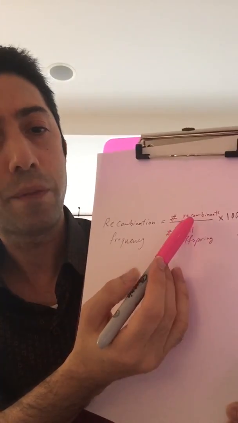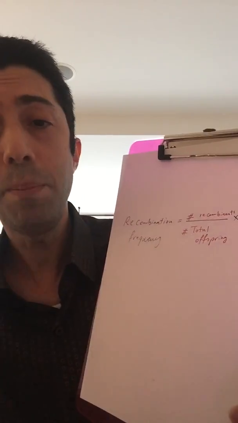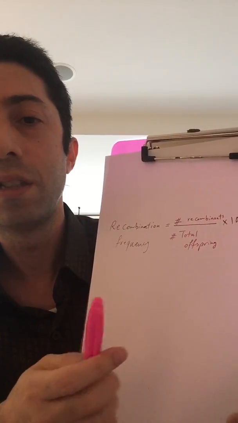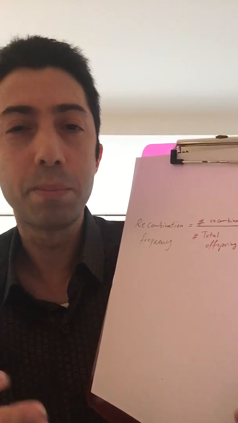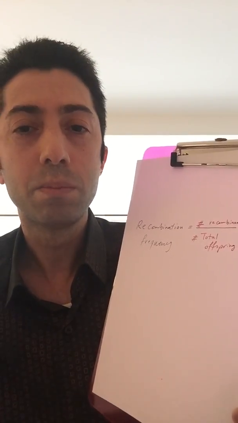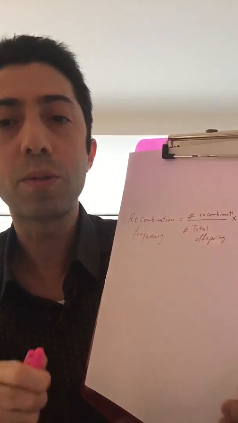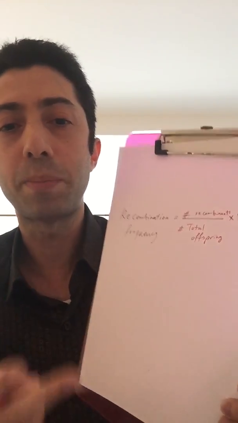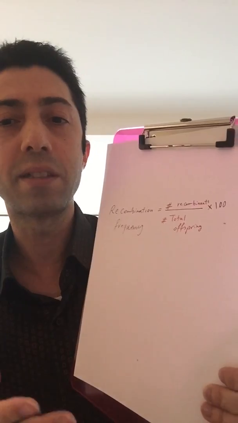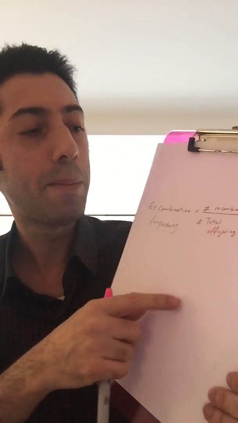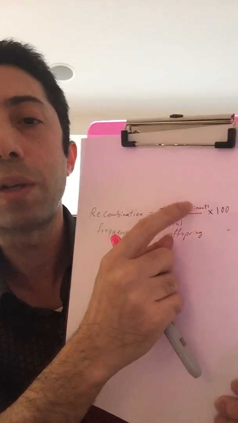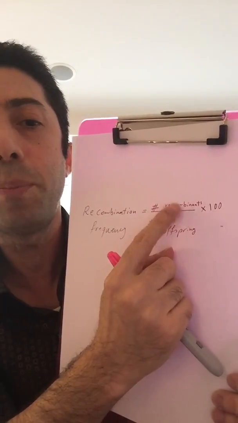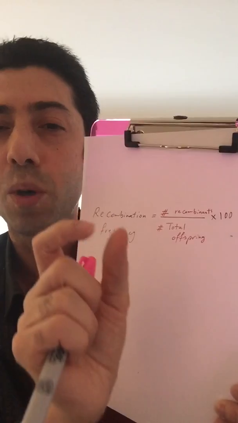For example, with normal Mendelian crossing over outcome, 2 gametes are parental and 2 are recombinant, so it's 50-50. But if the genes are very close to each other, the recombinant number will be lower. When the top part is lower, the result will be a smaller number.